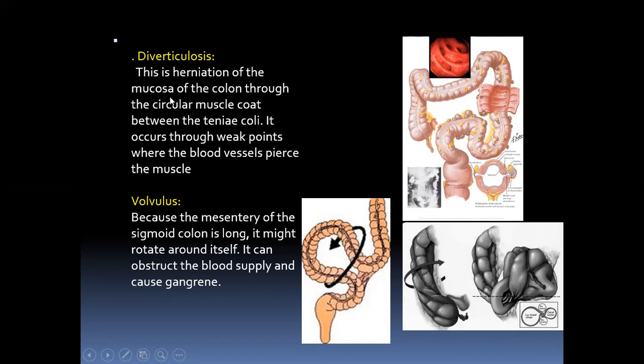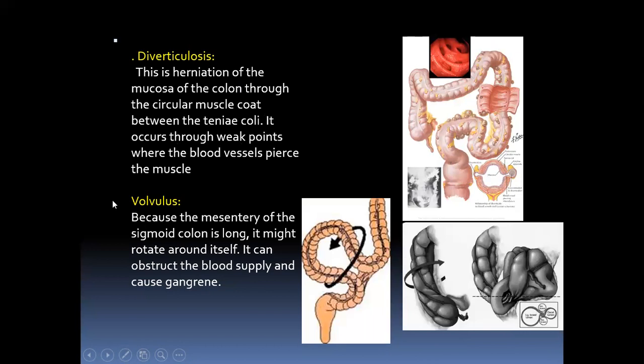It is herniation of the mucosa of the colon through the circular muscle between the taenia coli. It occurs through a weak point where the blood vessels pierce the muscle. Wherever the blood vessels supply, that part will be weak, and that leads to diverticulosis. These are small pouches, herniations, which are formed. Outside, this is how it looks.